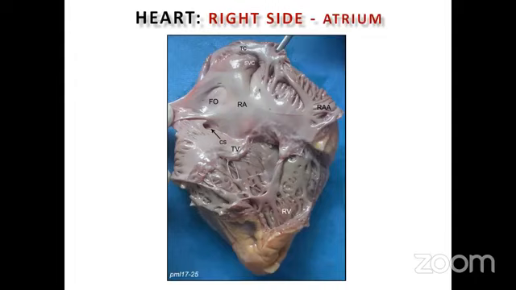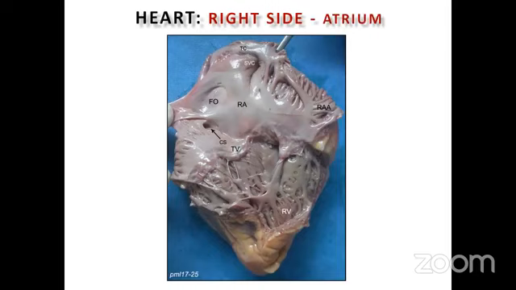The true extent of the interatrial septum is confined to the fossa ovalis with its muscular antero-inferior rim, the limbus fossa ovalis. So this fossa ovalis is the first important landmark of the right atrium.